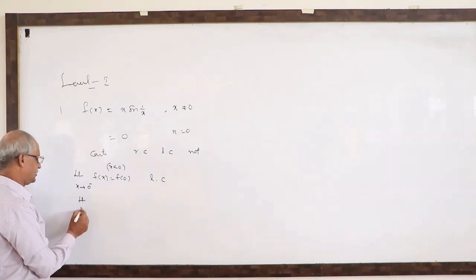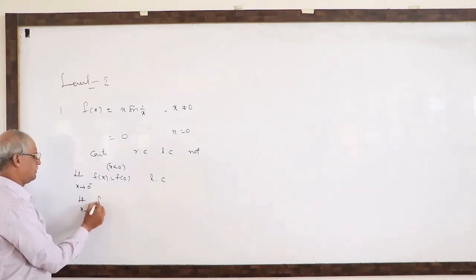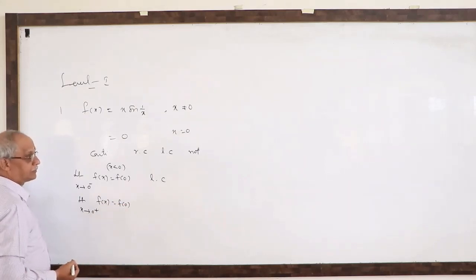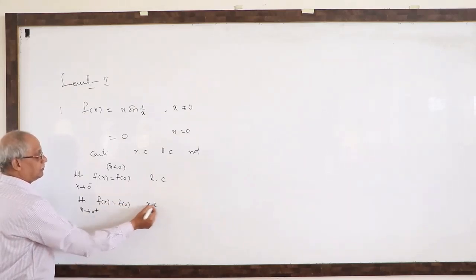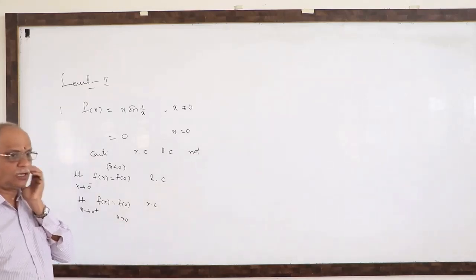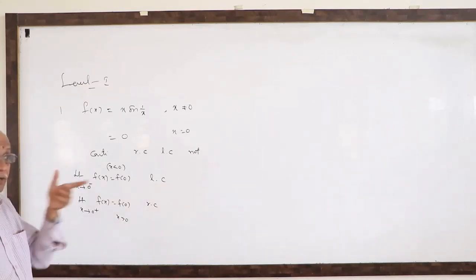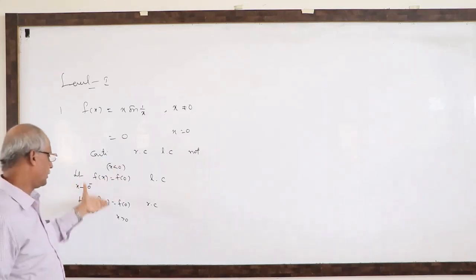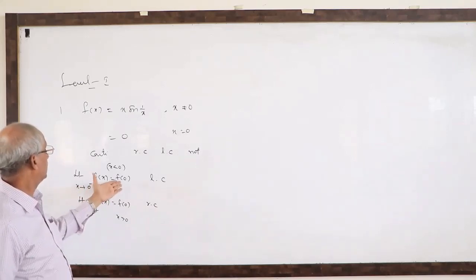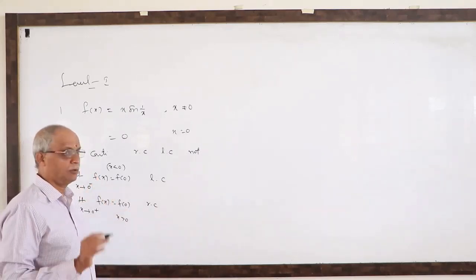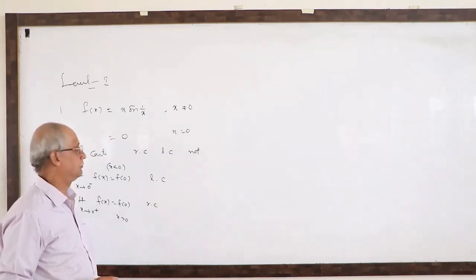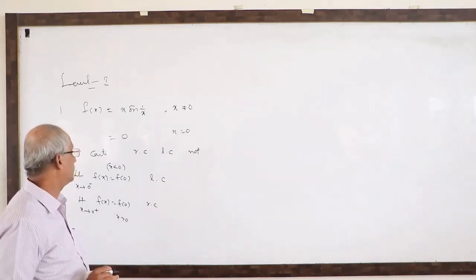Suppose x tends to 0 plus, f of x, x greater than 0, right side of origin, then we say it is right continuous. If both are equal, means limit exists, then we say in general it is totally continuous. That is our actual definition.